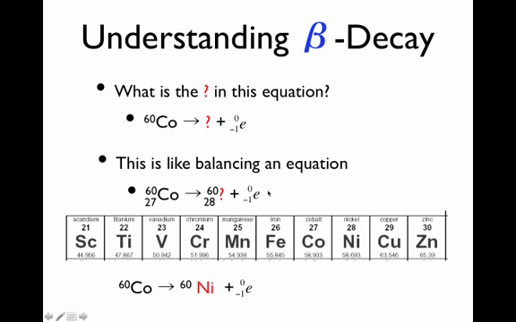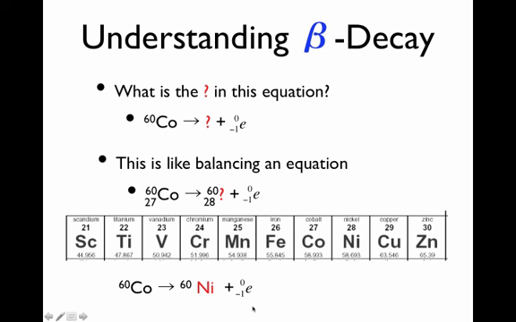So the correct filled-in version of this beta decay equation is that cobalt-60 decays into nickel-60 plus an electron. So that is another example of beta decay. And obviously there are other isotopes that will also undergo beta decay.